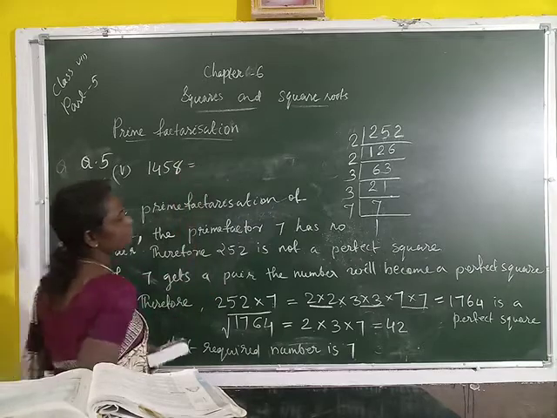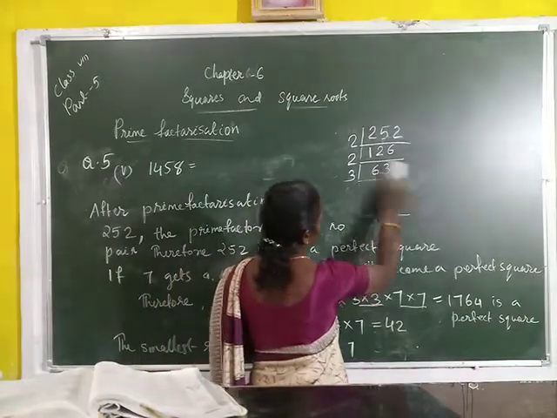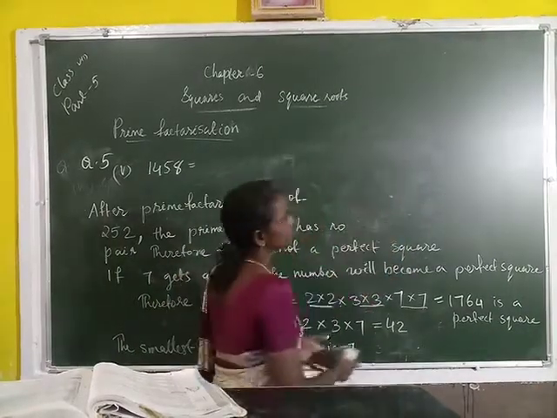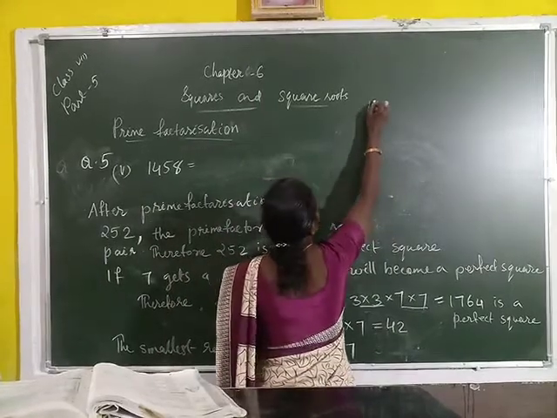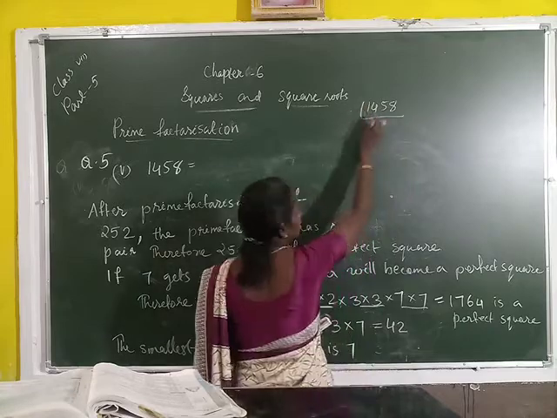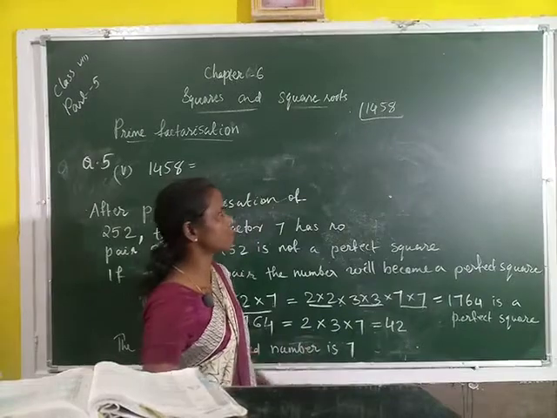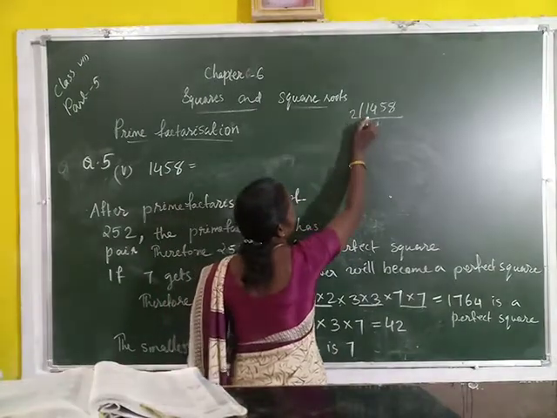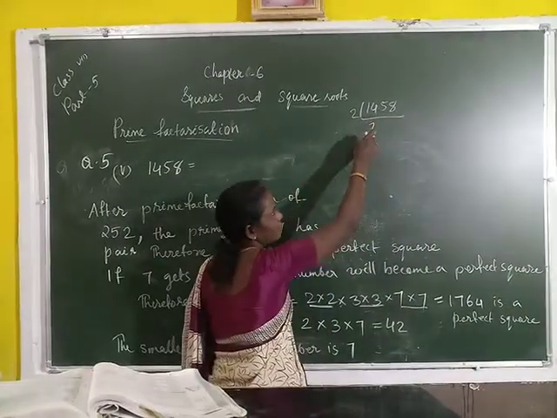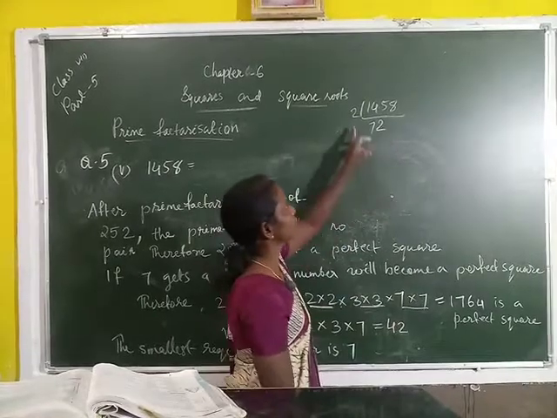What is the first step? First step, we find out the prime factors of this number. First, 1458. Which type of number, odd or even? This is an even number, so this number is divided by 2. Then 7. Next, in 14, how many times? 7 times.